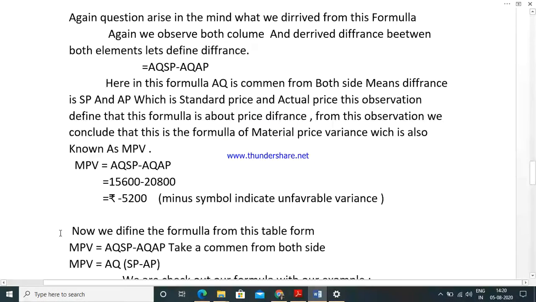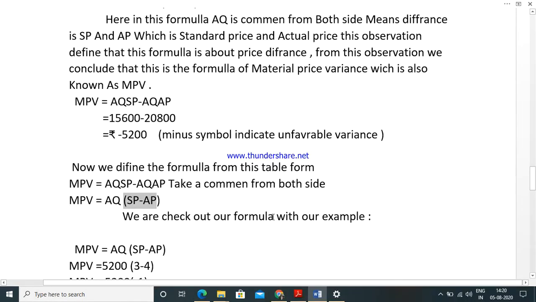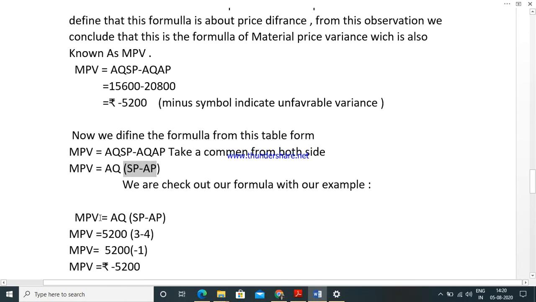Now, we define the formula from the table: MPV is equal to AQSP minus AQAP. Take a common from both sides. MPV is equal to AQ bracket SP minus AP, because AQ is common and is taken out from both sides. We check the formula with our example. MPV is equal to AQ bracket standard price minus actual price.